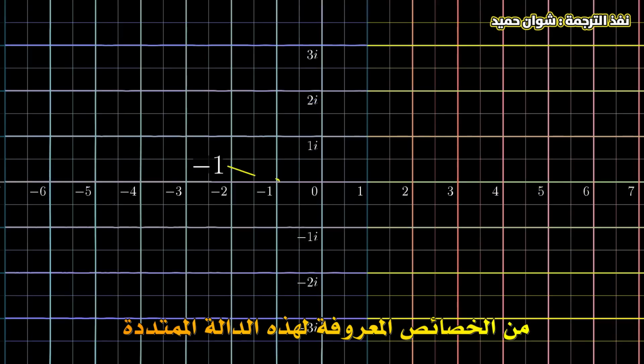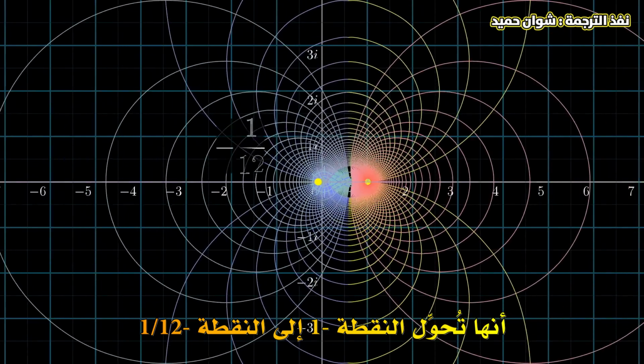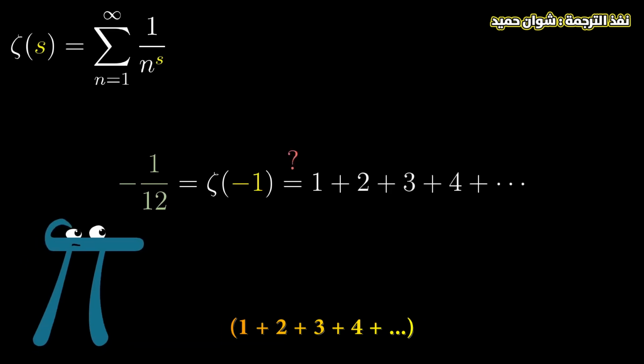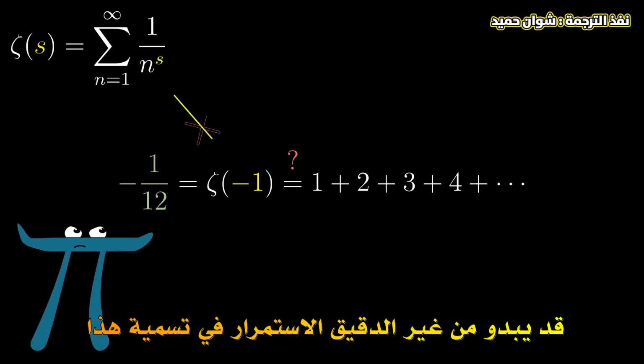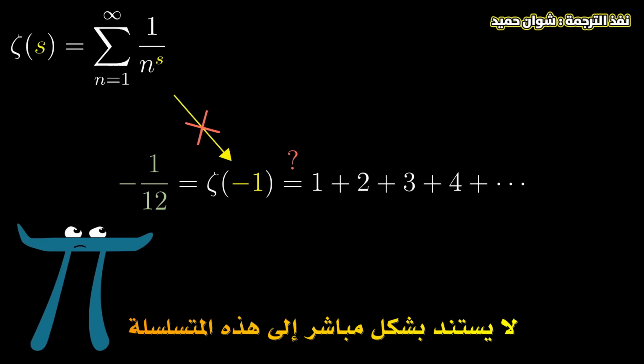Another thing we know about this extended function is that it maps the point -1 over to -1/12. And if you plug this into the original sum, it looks like we're saying 1 plus 2 plus 3 plus 4, on and on up to infinity, equals -1/12. Now, it might seem disingenuous to still call this a sum, since the definition of the zeta function on the left half of the plane is not defined directly from this sum.